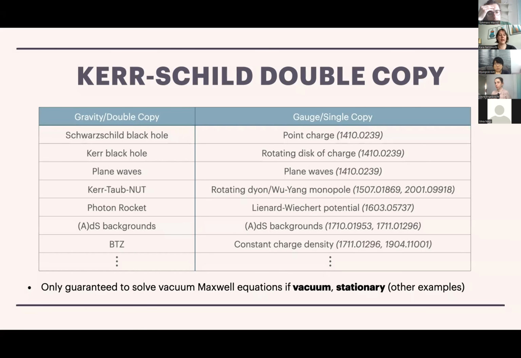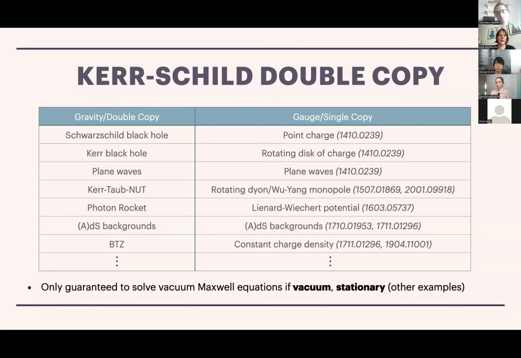The photon rocket, which is a particle traveling along an arbitrary time-like world line, so in particular it has arbitrary acceleration, I'll talk about this in a little more detail, but that maps over on the gauge theory side to a linear Liénard-Wiechert potential, which is the potential of an arbitrarily accelerating point charge on the gauge theory side.